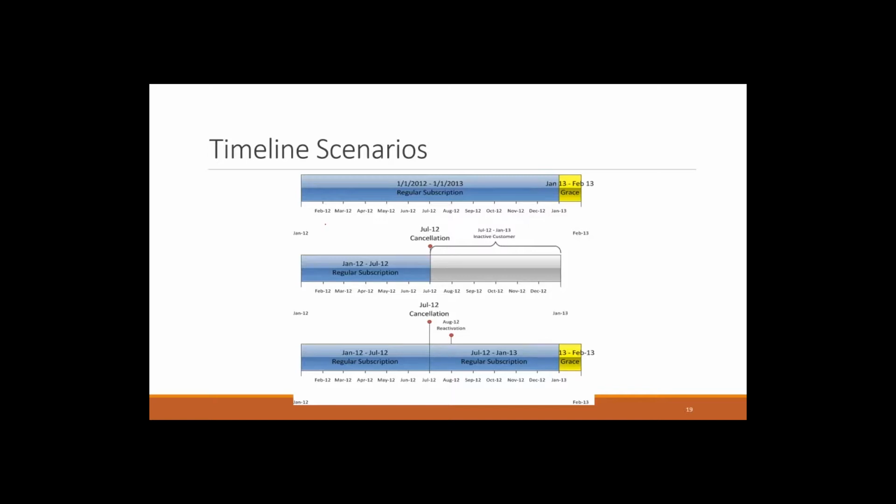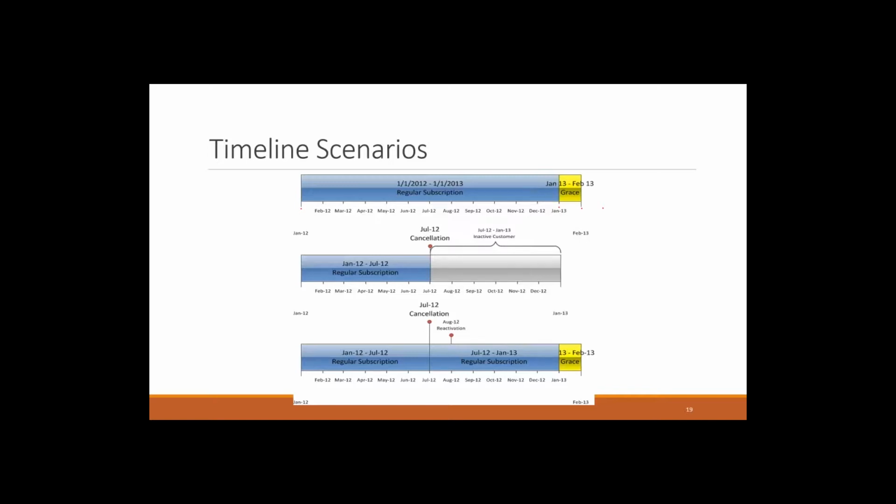So your subscription table might say that your term is from January 1st to January 1st of the following year, but for 30 days, the person still needs to be counted active because they're in grace, and the business will allow them to use the product or service for those 30 days while they're waiting for a payment to come in.